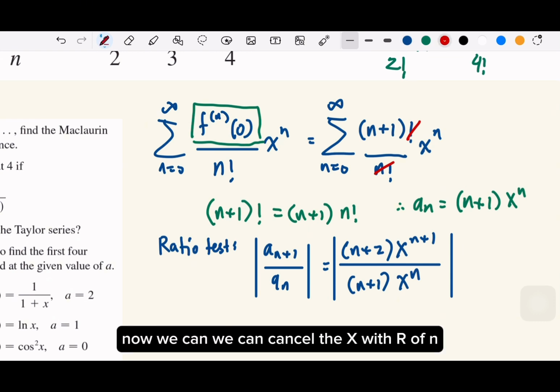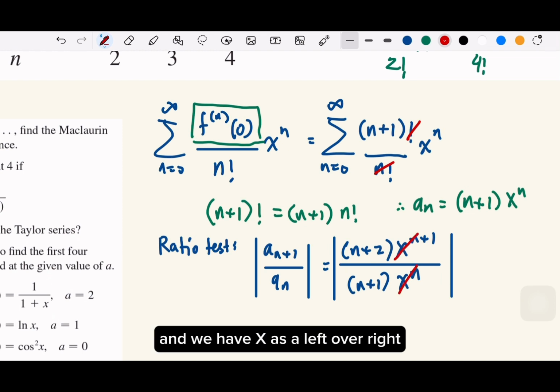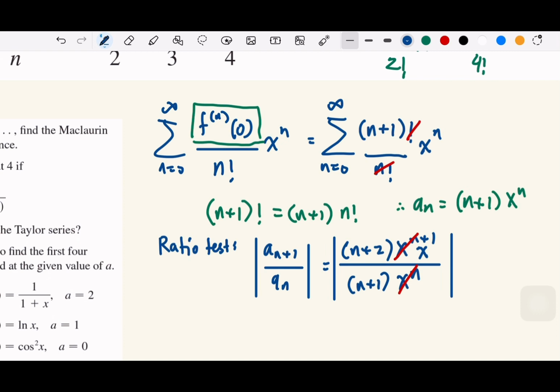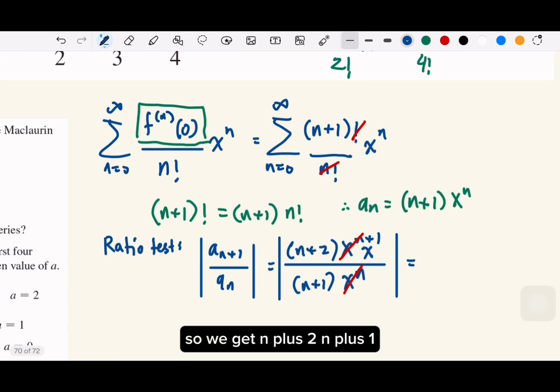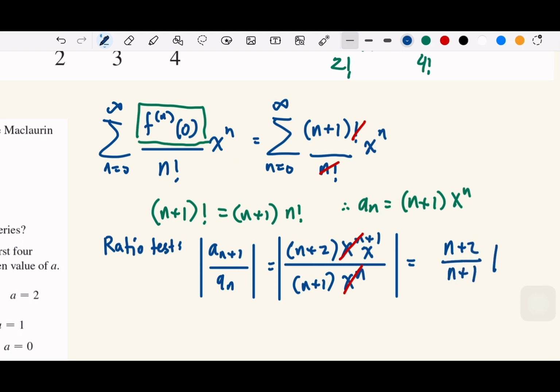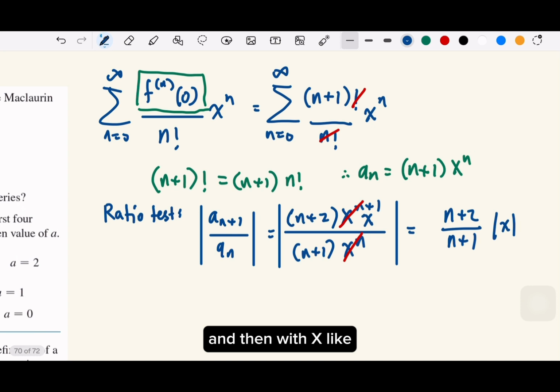Now we can cancel the x^n, and we have x as a leftover, right? So we get (n+2)/(n+1), and then with x.